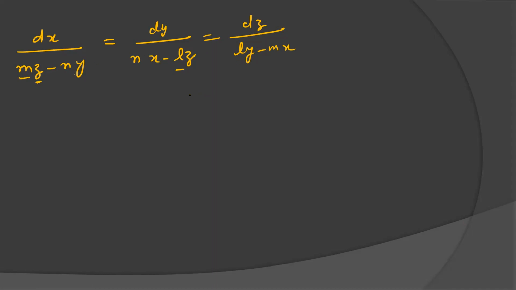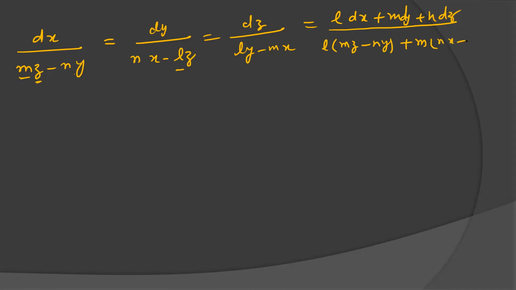So if we take multipliers alpha 1, alpha 2, alpha 3, which are l, m and n, and add l times mz minus ny, plus m times nx minus lz, plus n times ly minus mx, the denominator is going to be 0. So l dx plus m dy plus n dz is 0.